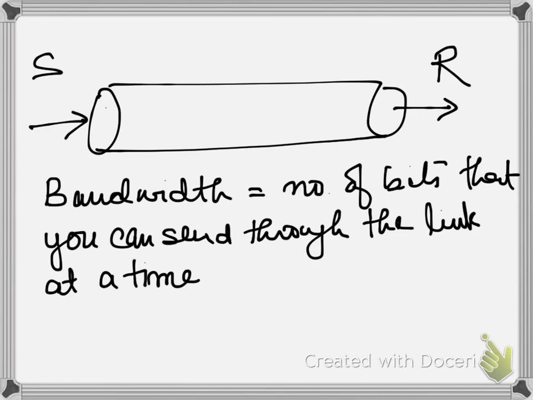If you can send only one bit through this link at a time, then its bandwidth is 1 bit. If you say that the bandwidth of a channel is 1 kbps, 1 kilobit per second, we consider 1 kilobit to be 1000, but actually it is 1024.